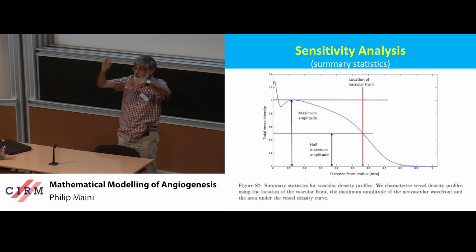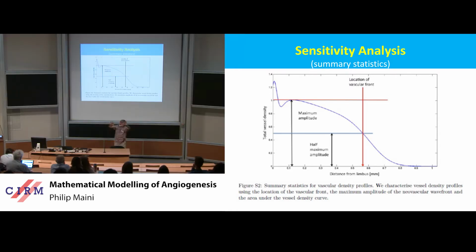If you put in pellet A and pellet B, and you find that the front in pellet B moved a lot further than the front in pellet A, then that would tell you that in pellet B you've got something that is better at angiogenesis. Okay? That's basically how you use this.